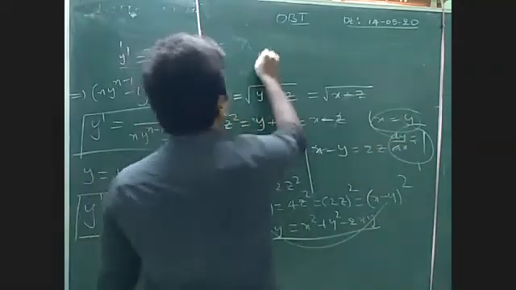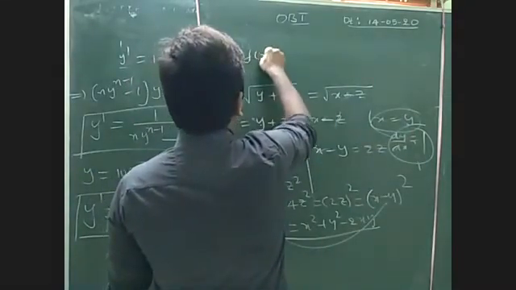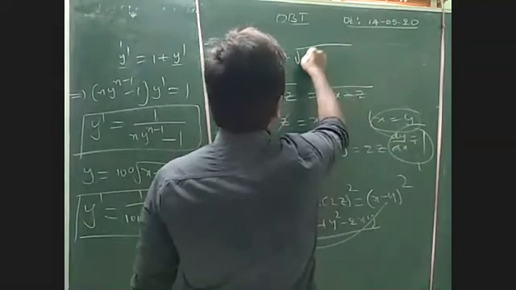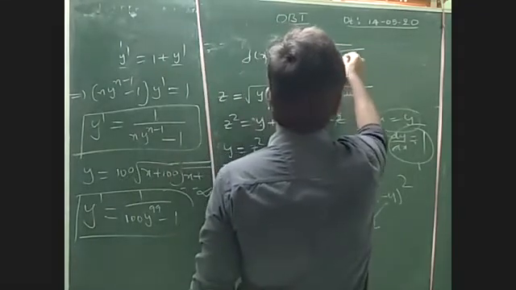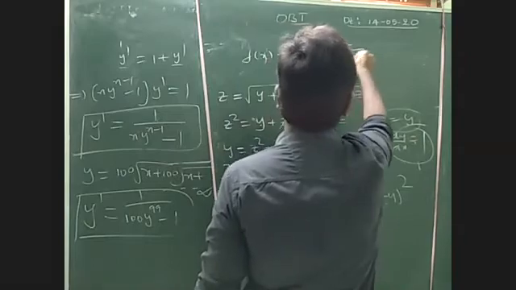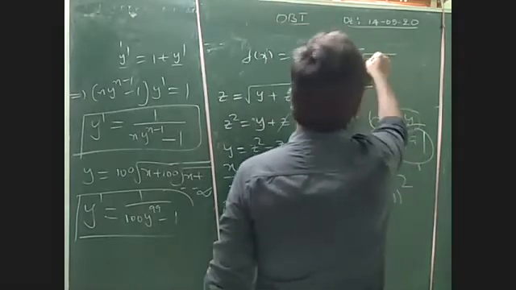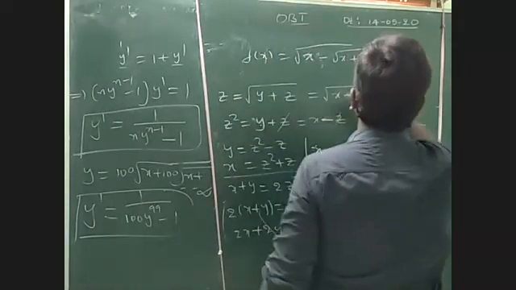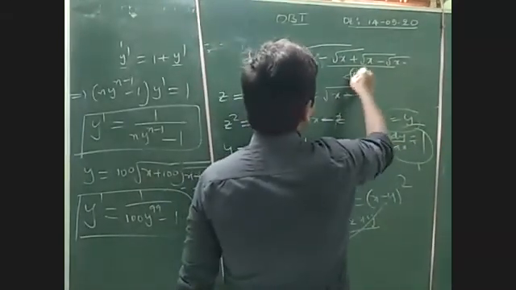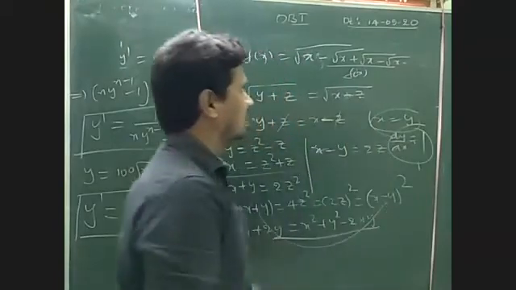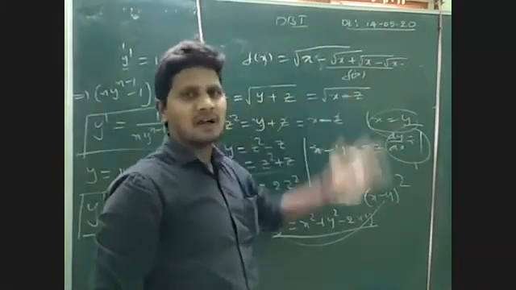For example, f of x is equal to root over y plus x plus root over n minus x plus root over x minus root over x. We cannot replace this by y or f of x, because plus or minus is alternative.